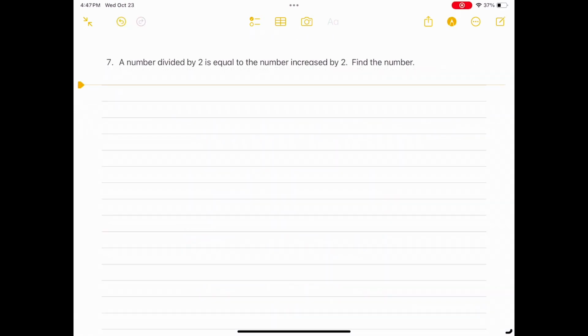A number divided by 2 is equal to the number increased by 2. Find the number. Once again, I will let n equal that number. A number divided by 2 would be n over 2, is equal to the number increased by 2, which would be n plus 2. So now I have n divided by 2 equals n plus 2.